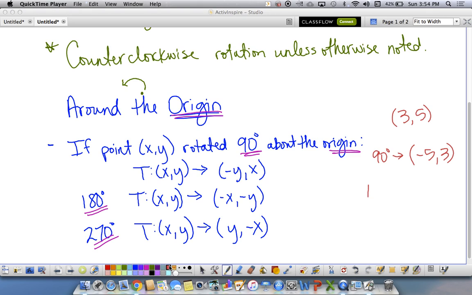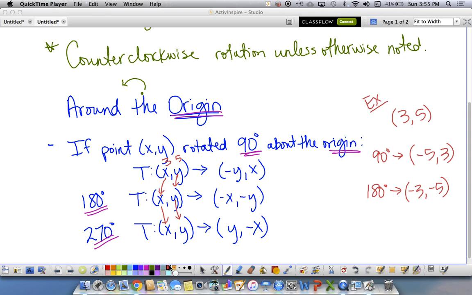If we wanted to go 180 degrees about the origin, we take the same point and it would be (negative 3, negative 5), because the x was 3 and the y was 5. For a 90-degree rotation, you take your y, which was 5, and make it negative, so negative 5, and then x, the 3, becomes your new y.